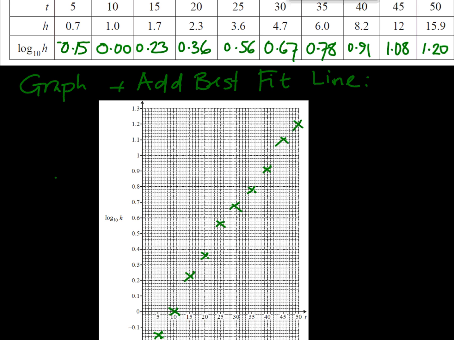Now we've got to the log, and that means that we can fit a best fit straight line through those points just by eye, and that's all it asked us to do, was by eye. So there's a bit of flexibility here in the answer as to exactly what that number is, because they've got to have a range of accuracy.